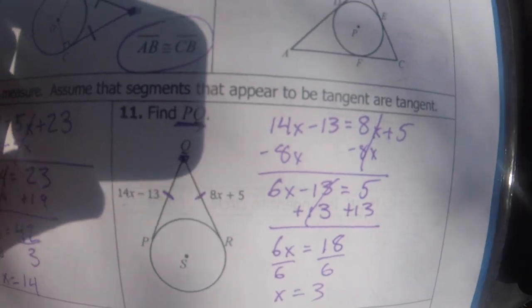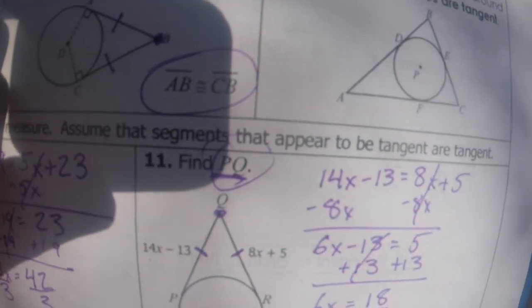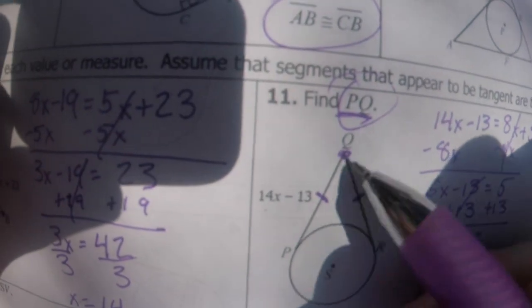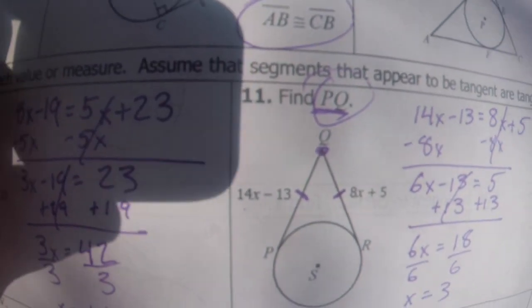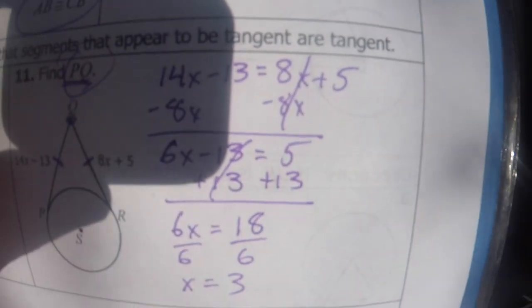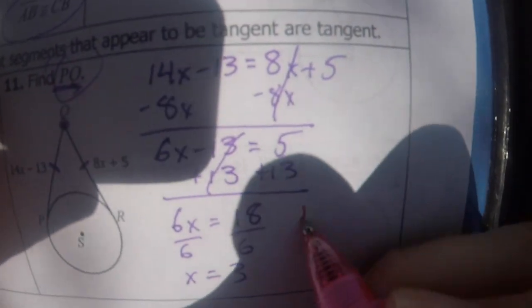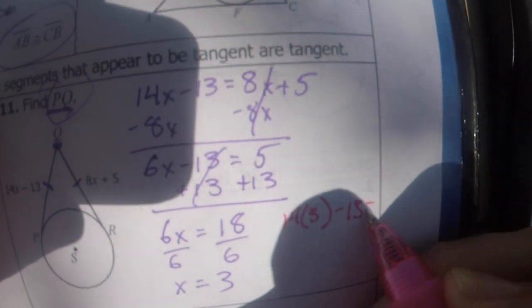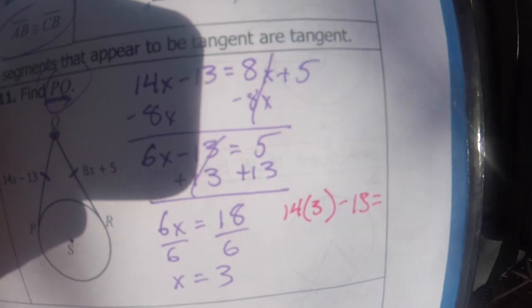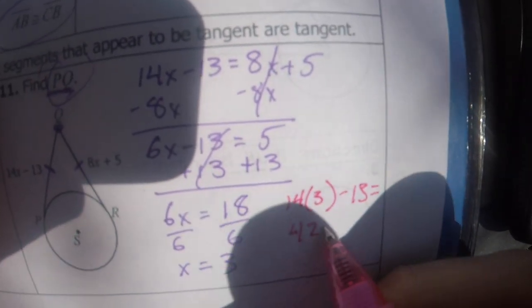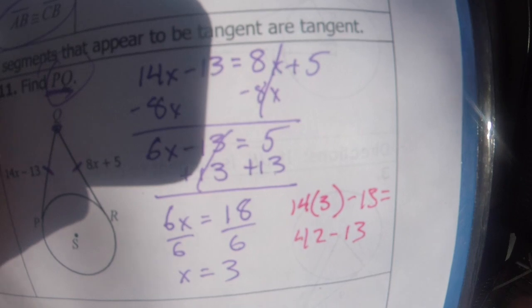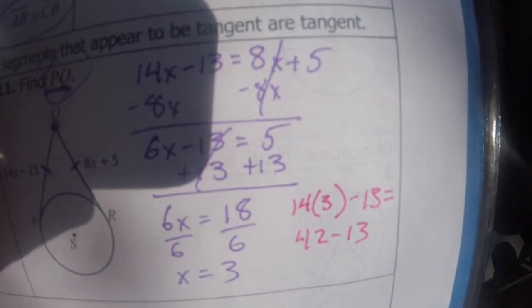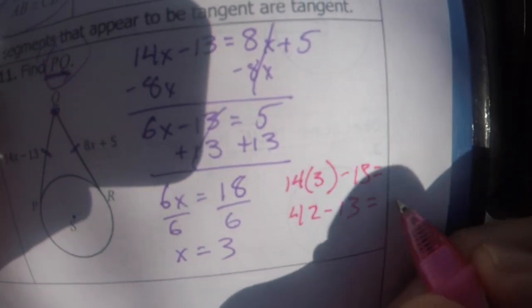This one is a tiny bit different though, because it wants to know what's the length of PQ. So I am not done. I've got to plug this back into 14x minus 13. 14x, which is 3, minus 13 equals 14 times 3, which is 42, minus 13. 42 minus 13 is 29.